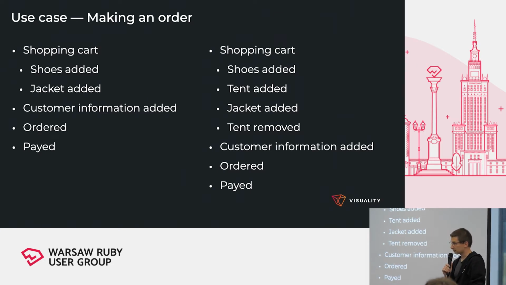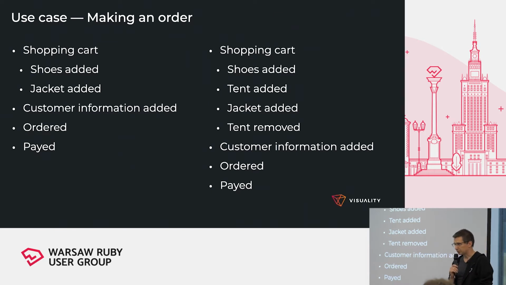What we miss, having only the information on the left, is pretty much it, information. We've lost information. We don't know that someone has added a tent and removed it. And if you think that's worthless, let's ask the marketing team. Can they do something about it?